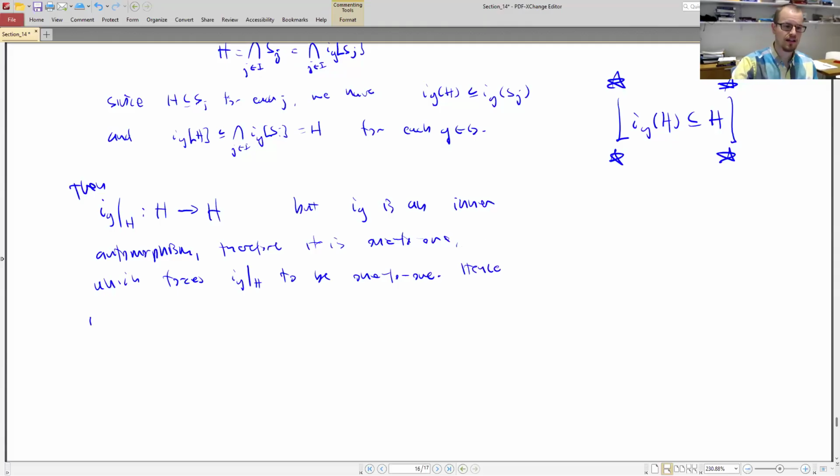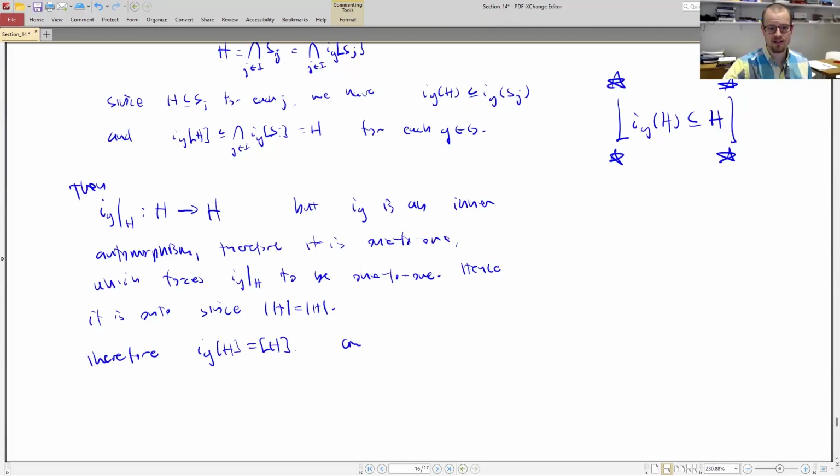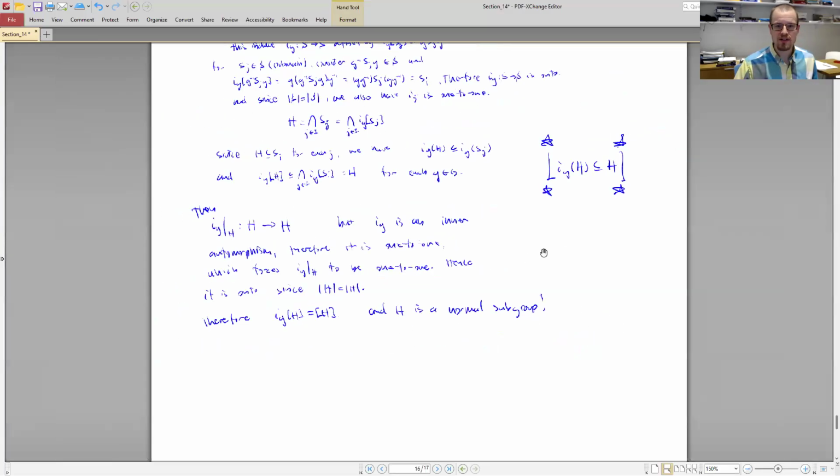Hence, it is onto, which is the thing that I needed, since the size of H is equal to the size of H. Therefore, I sub G of H is equal to H. And H is a normal subgroup. Yay!